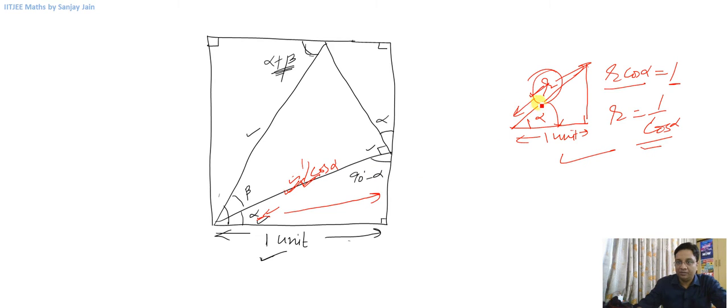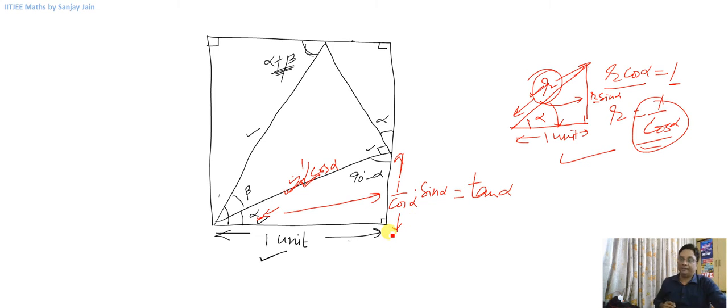What I mean is, what will be this length? It will be r sine alpha. And what is r? r is 1 by cos alpha. So this length here will be 1 by cos alpha into sine alpha, that is tan alpha. Okay, I hope it is clear to you.